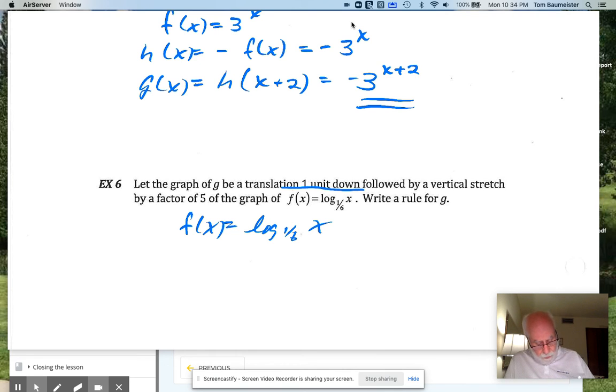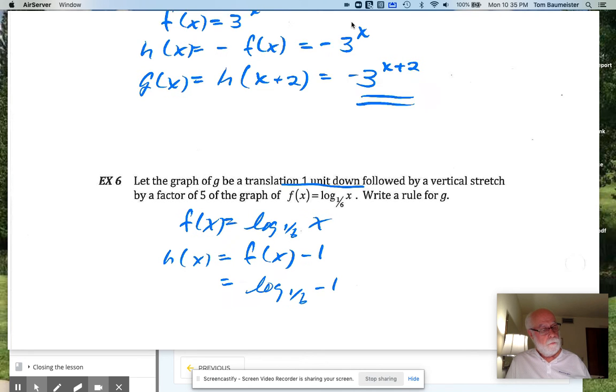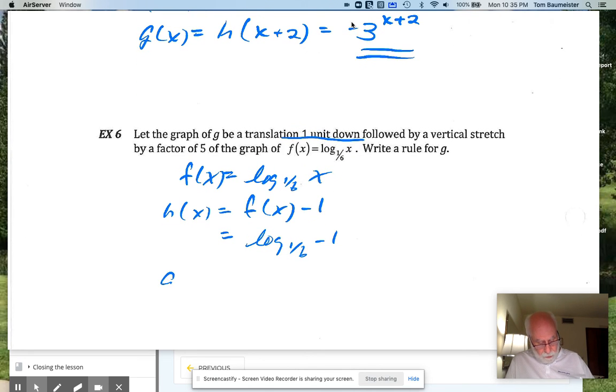So remember that is going to be h of x is equal to f of x. Remember inside x, outside y. So we're going to say it's minus 1. So then we're just going to write that as log to the base 1/6 of x minus 1. Then it's asking us to take our g of x, which will be a vertical stretch, right?